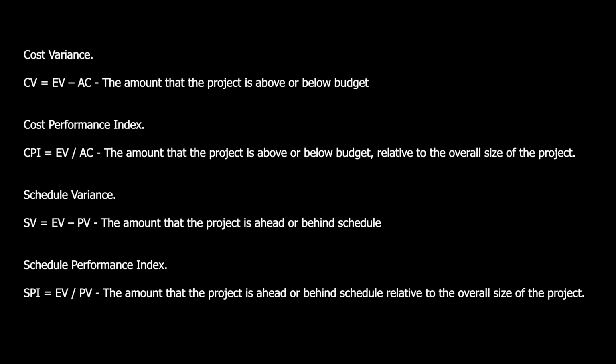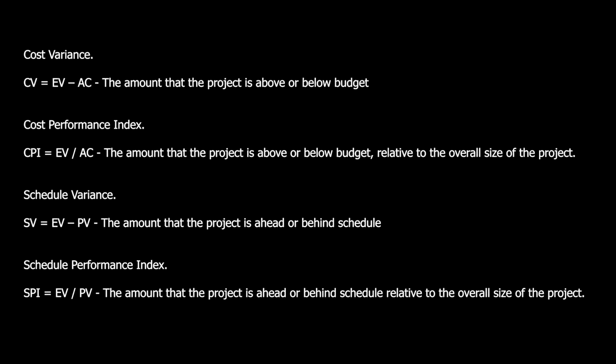So then the next one is regarding the schedule variance. You've got your SV is equal to your EV minus your PV. So that is your schedule variance is equal to your earned value minus your planned value.